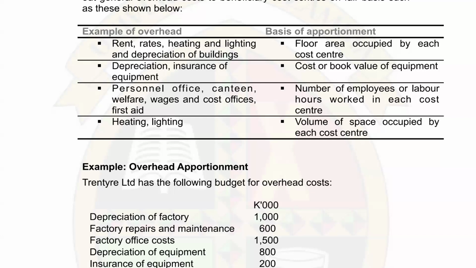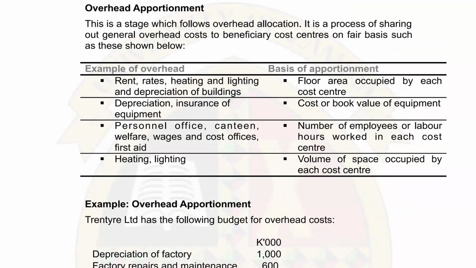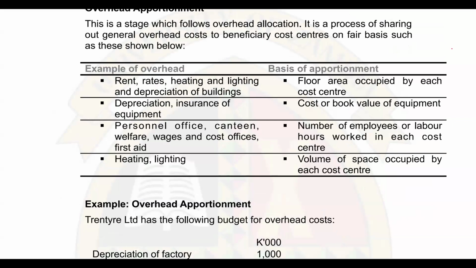Rent, for example. And this you have to remember, because when you'll be answering that assignment, you need to remember the basis of apportionment. Let me give you an example of Unza. Imagine Unza is a rented place, the whole university on this land.